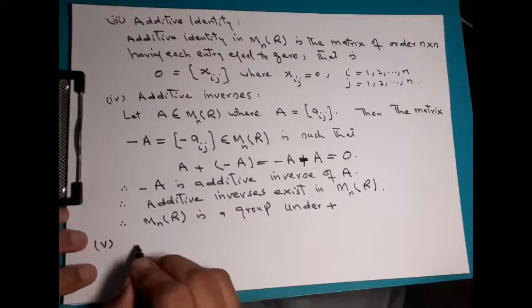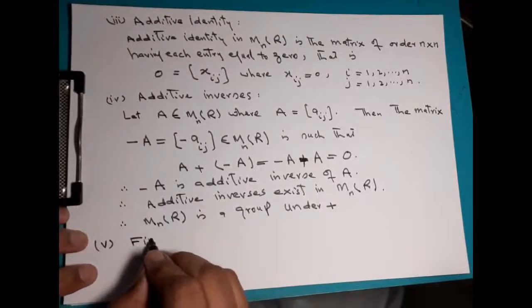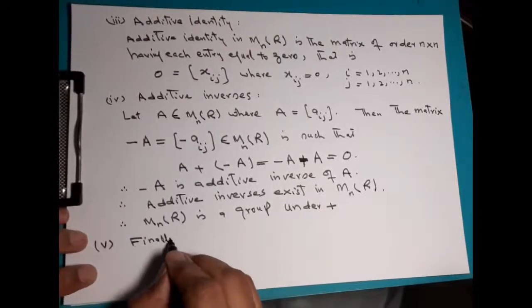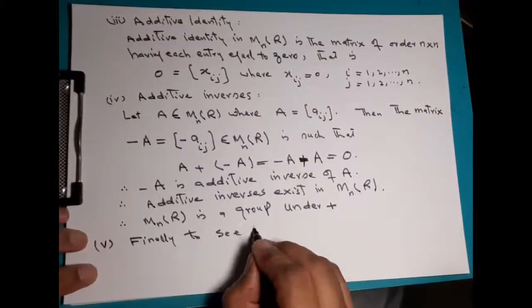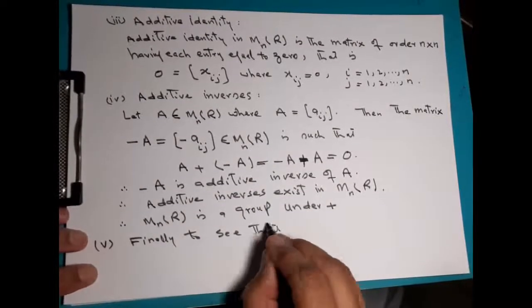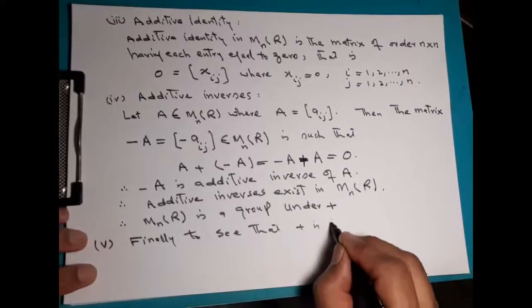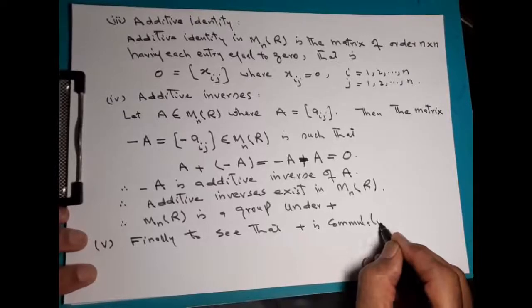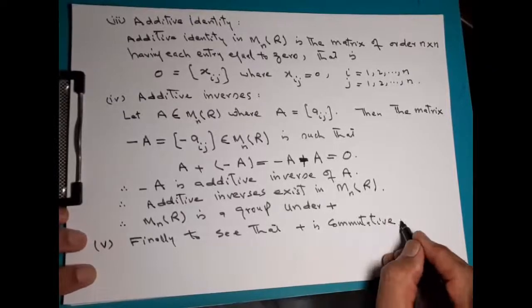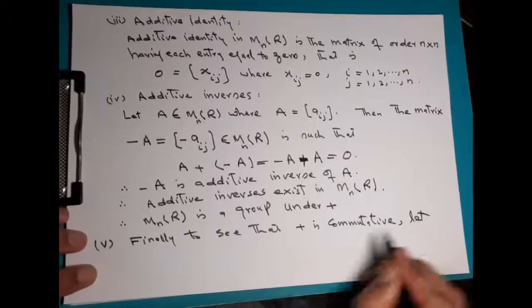So finally, to see that addition is commutative, let's take two matrices.